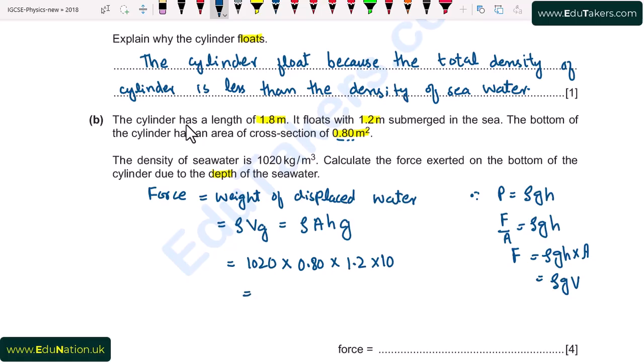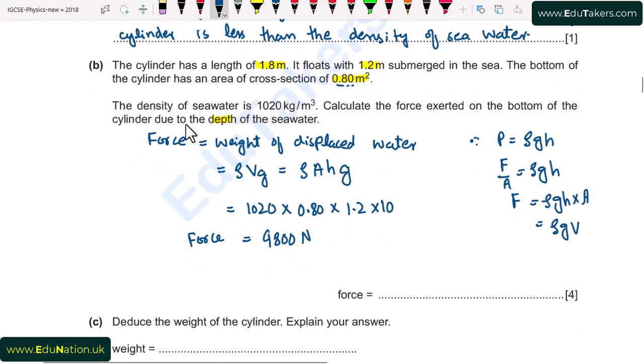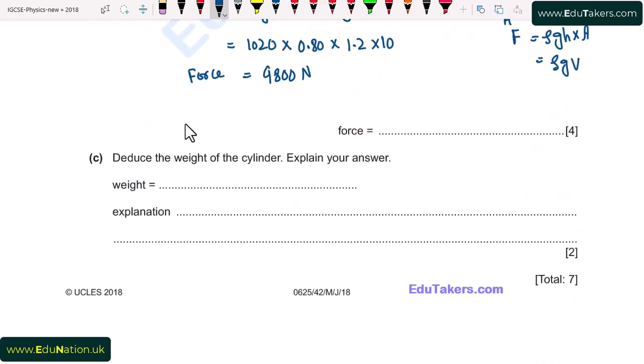So the force comes to be 9800 Newton. So this is the value of force. I write here 9800 Newton.